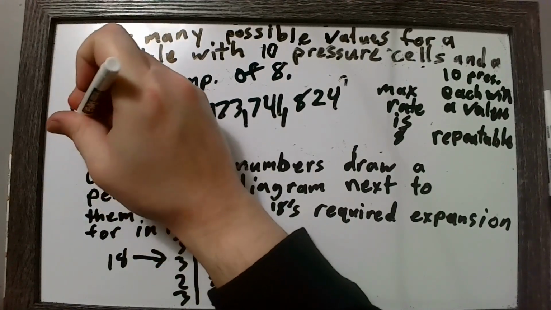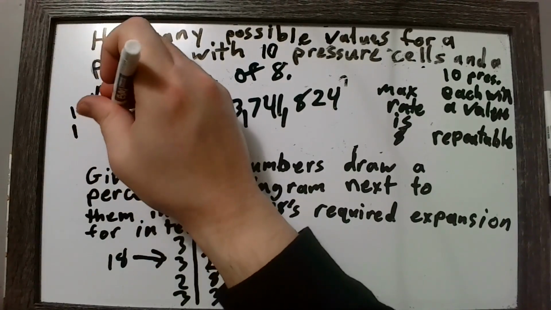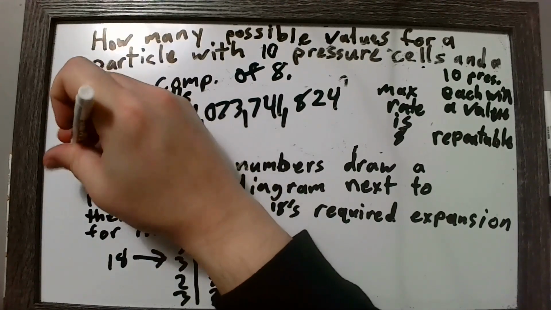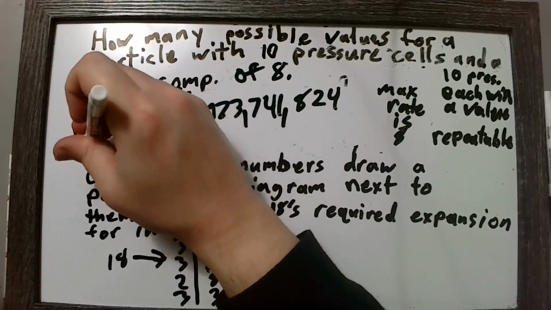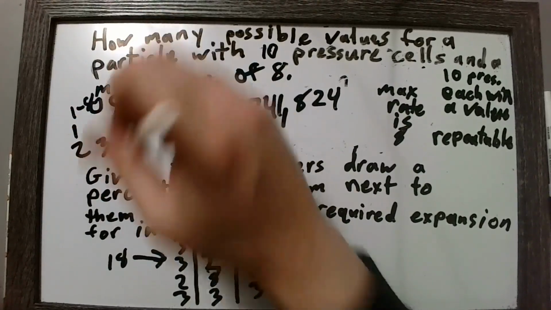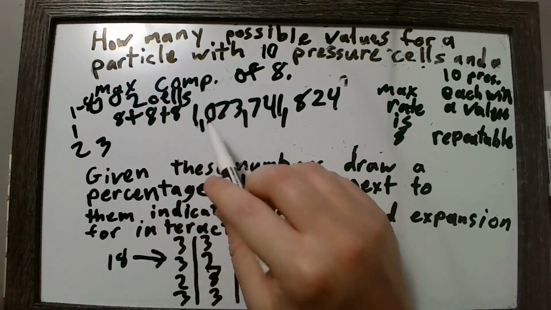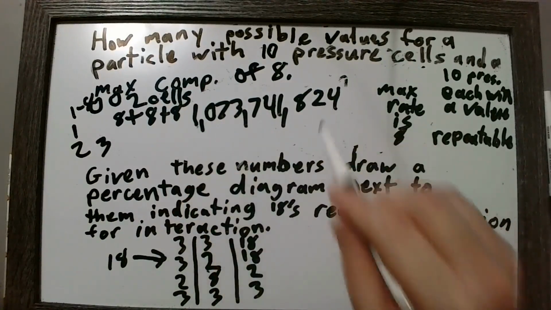So for the value 1 in cell 1, we can just simply say 8 for the value 2 plus 8 for the value 3 plus 8, and so on and so forth until we get the answer. But that's very long, so we just use this nice little shortcut in order to determine exactly what the value is.